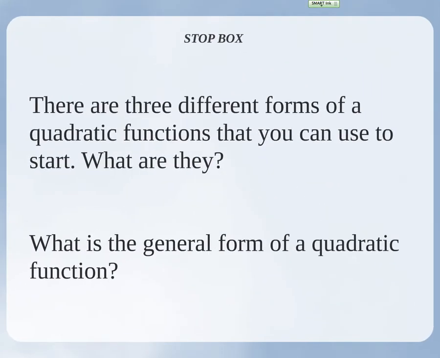There are three different forms of quadratic functions that you can use. So what are they? And I know we've only used two so far. We are going to hit up that last one in the last example. But write these three things in your stop box so that when you look back, you see those three equations.